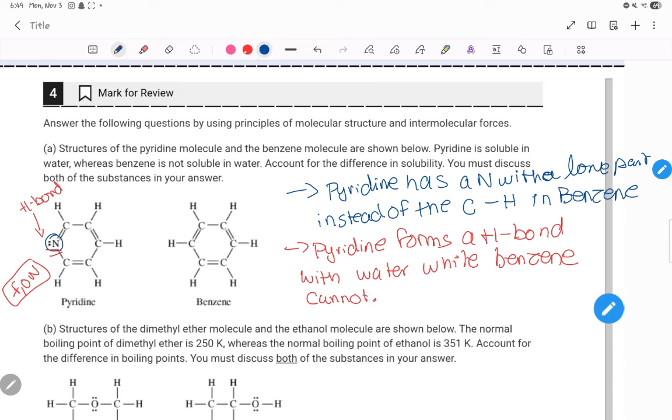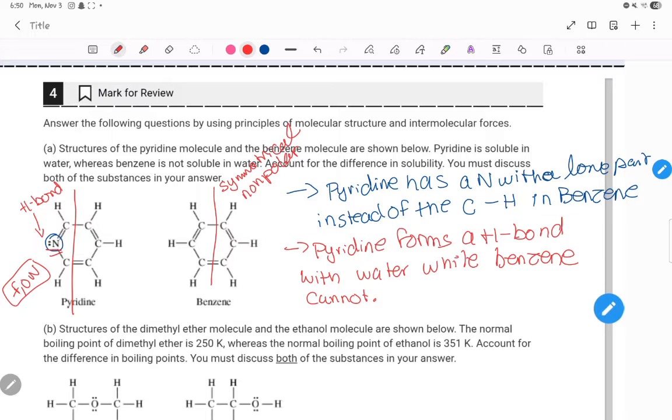So because of this, now what do we also notice? If we cut this in the center, we will see that it's not symmetrical, whereas if we cut this one in the center, we will see that it's symmetrical. If it is symmetrical and all of the atoms surrounding are the same, then it's directly non-polar.